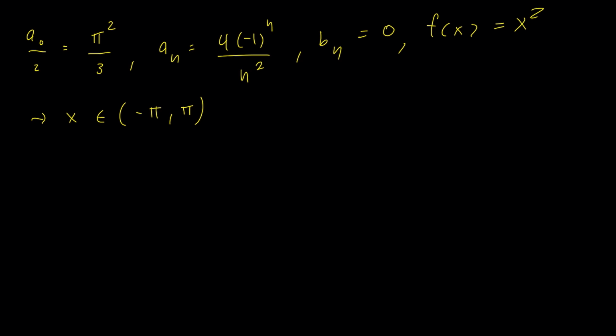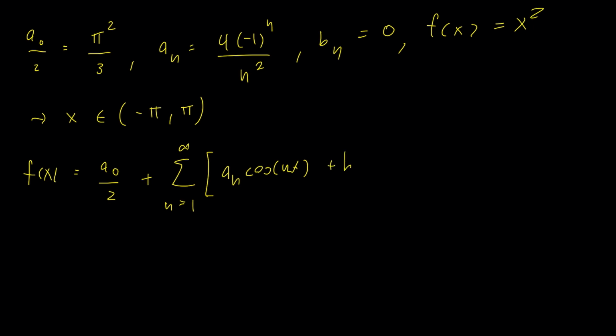So recalling the definition of our function, we have that f of x equals a naught over 2 plus the sum from 1 to infinity of a_n cosine nx plus b_n sine of nx.